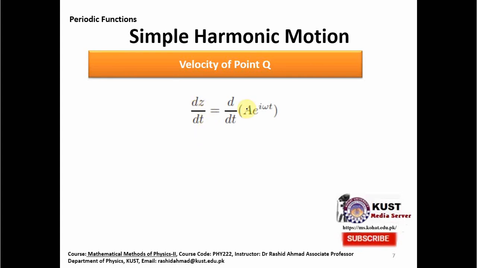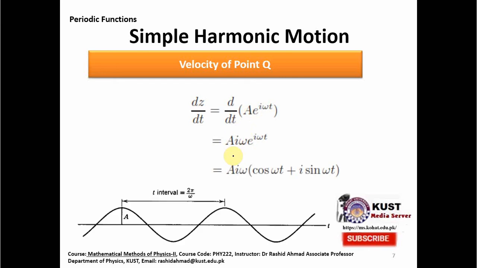As we know, Z is equal to a into e raised to the power i omega t. If we make this differentiation, what we will get is a into i omega, because the derivative of the exponential function is again an exponential function, and the further derivative of i omega t gives us i omega, and a stays in its place.